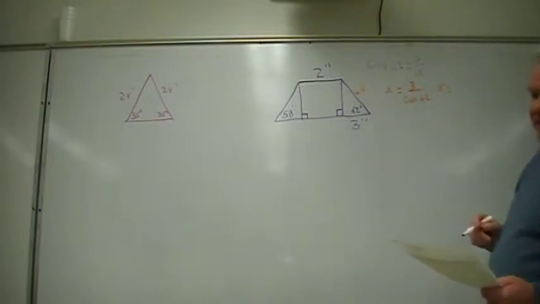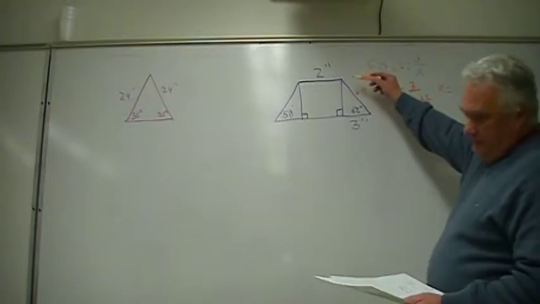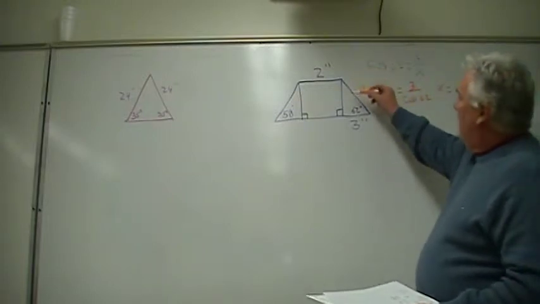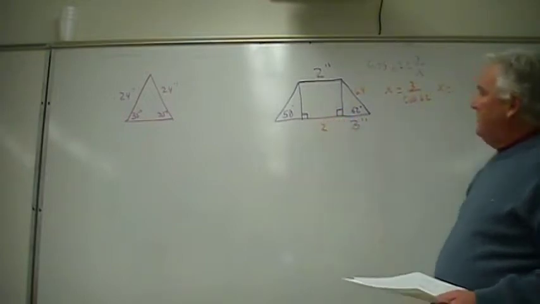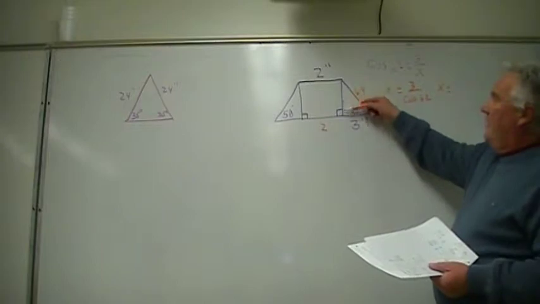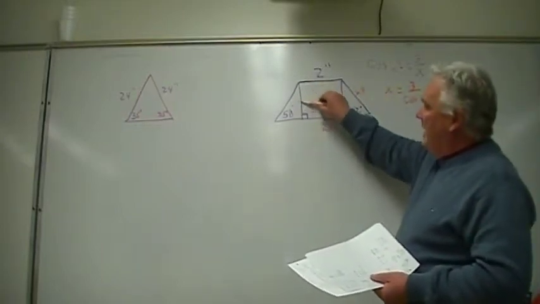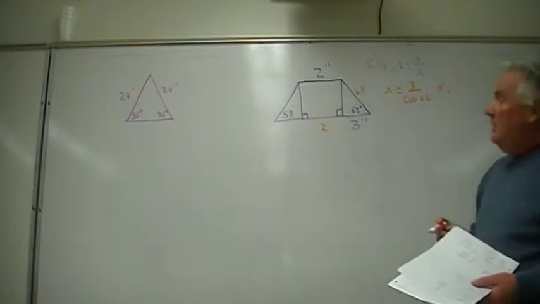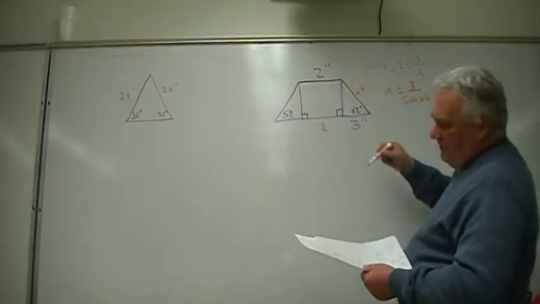So there's 6.4. So we have this, we have this, we have this. That means this is 2 as well. But we still need to find this distance right here, because we need to find one of these lengths to be able to figure out this side of the trapezoid. So we still have to figure this out.